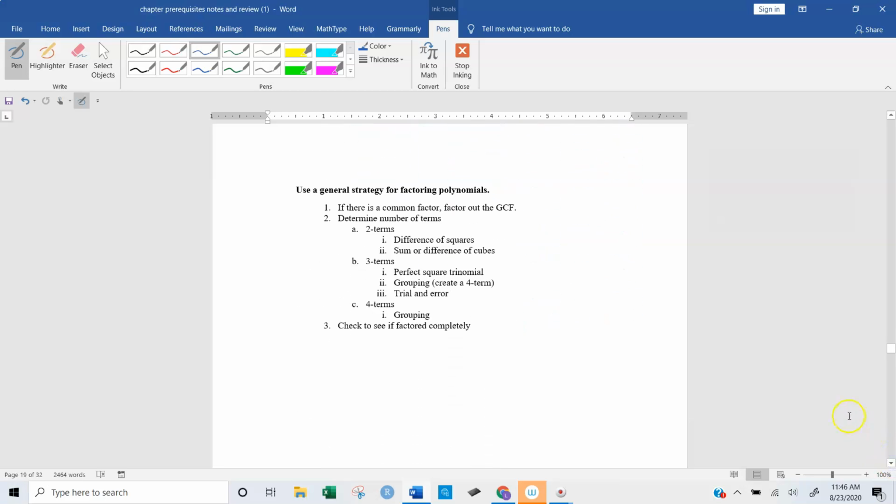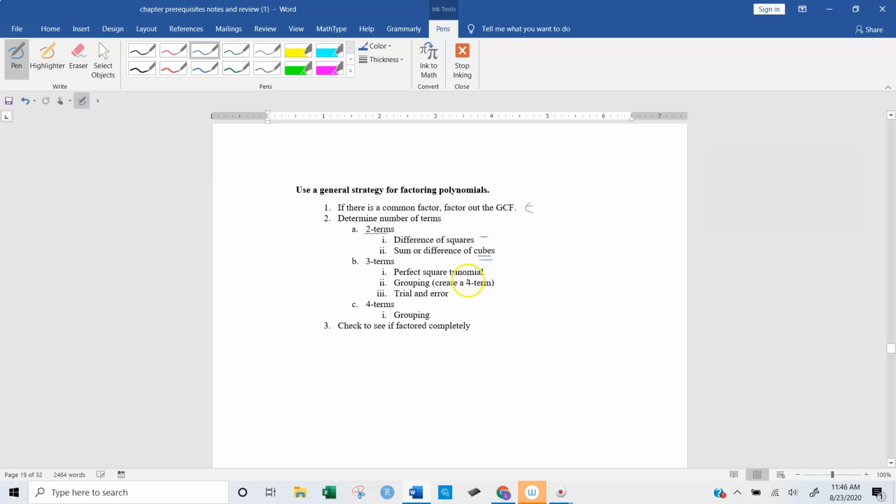All right, this is just a review. Your first step always is take out a greatest common factor. Second step, look at what you have. If you have two terms, it's one of two things for us. It's a difference of squares, that means it has to be subtraction, or they're perfect cubes. If it's not one of those two, it's prime. With 3 terms, we're kind of hoping it's a perfect square trinomial so we don't have to work.